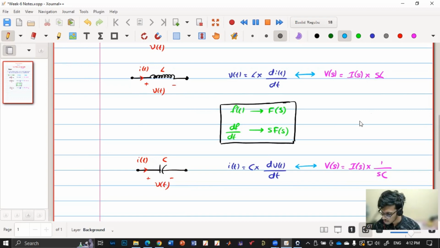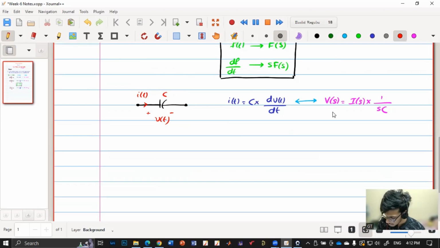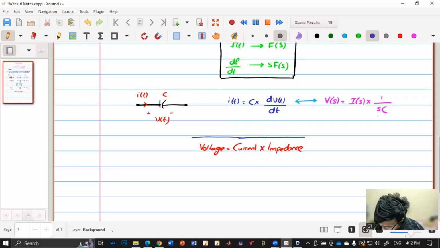So in the S domain, voltage equals current times impedance, and the impedance for a resistor is R, for the inductor is sL, for the capacitor is 1 by sC. It is very simple, and we can directly use that S domain representation and solve any circuit quickly.